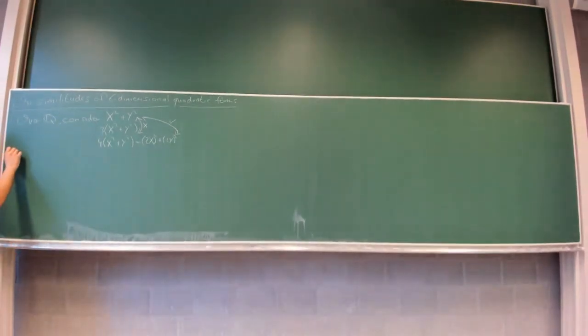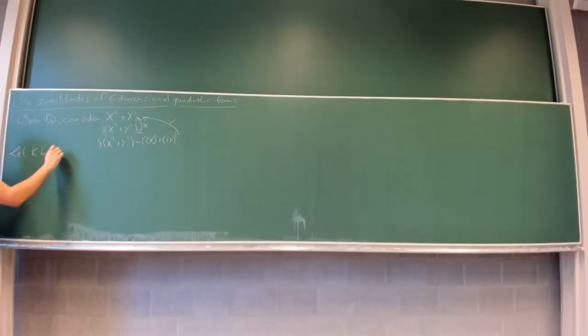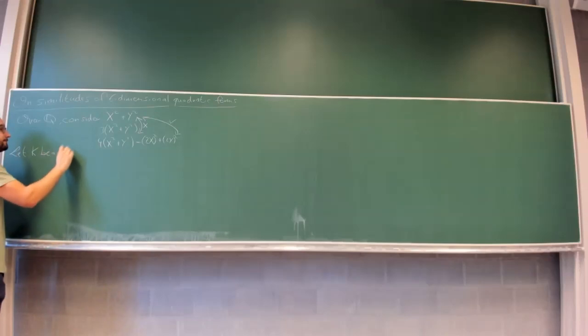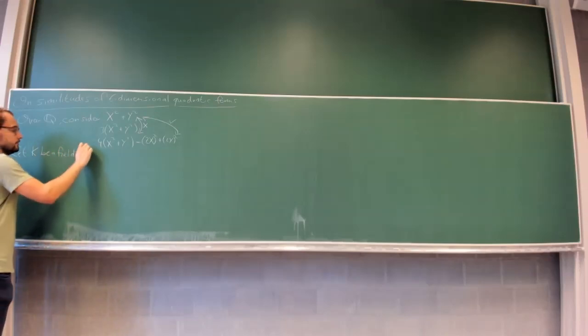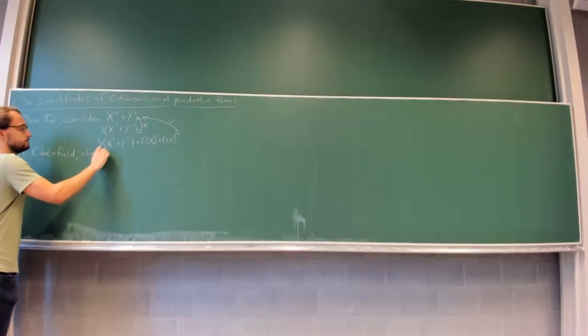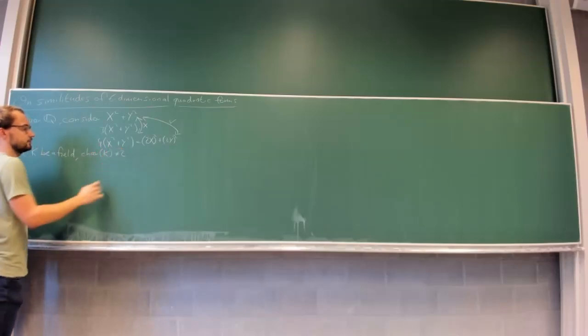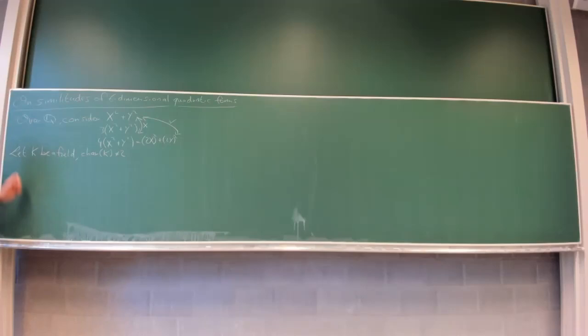So let's say we have a field K. Throughout this talk, K is always assumed to have characteristic not equal to 2, so the quadratic form goes nicely. Then let me give the definition.